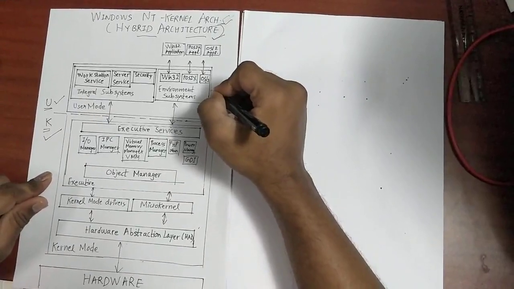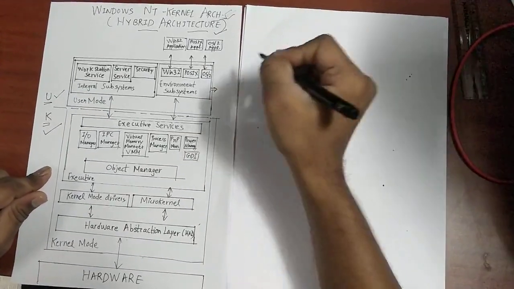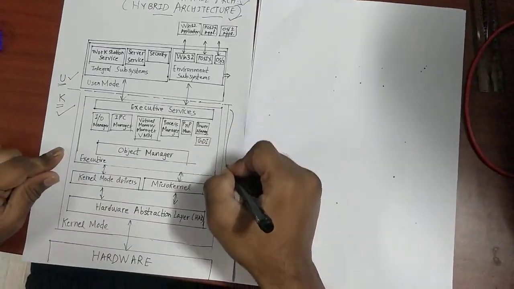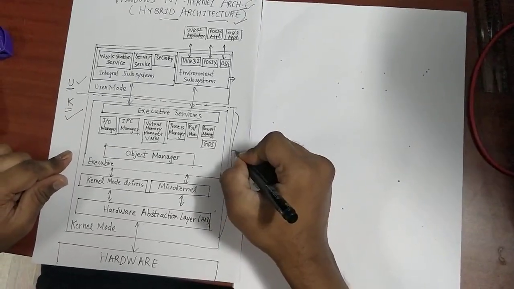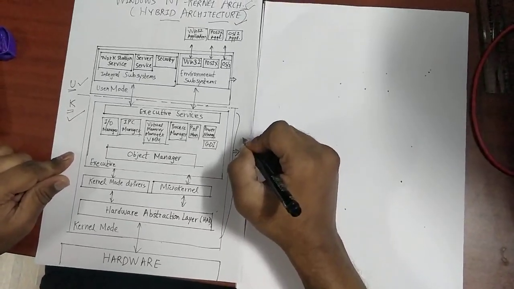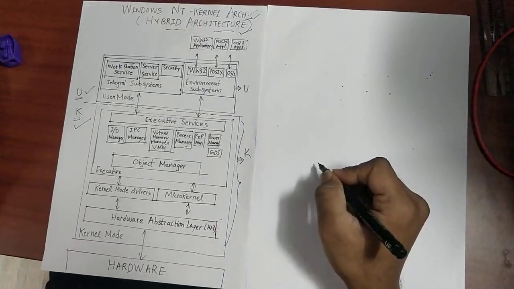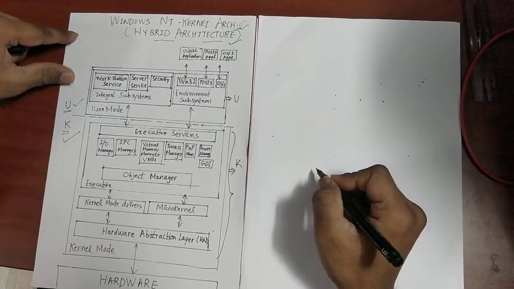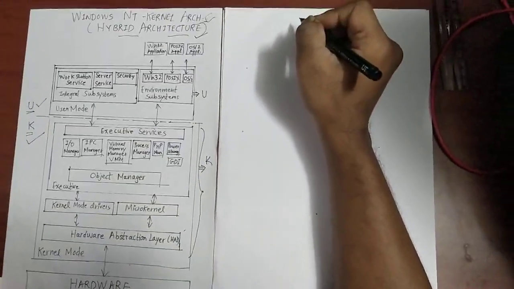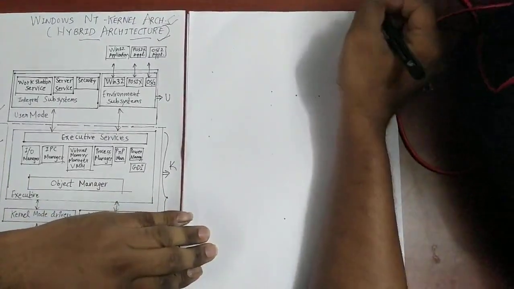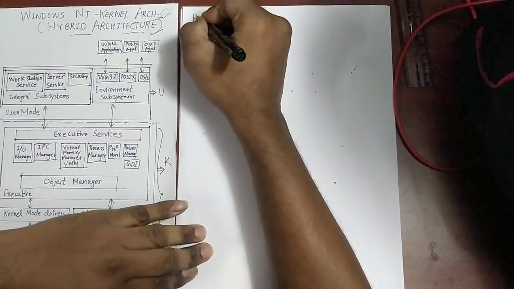Now these are the basic elements for user mode, and these are the basic OS functionalities which are running in kernel mode. Right, now we'll see a short explanation about what hybrid architectures are.